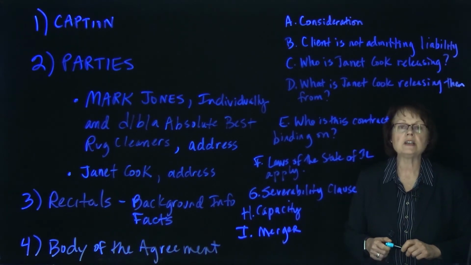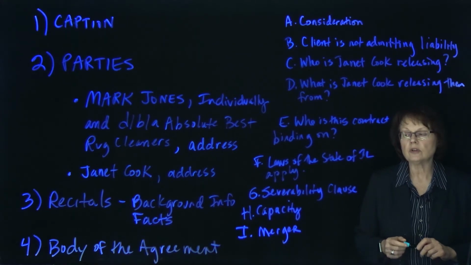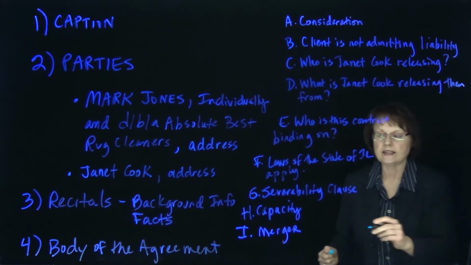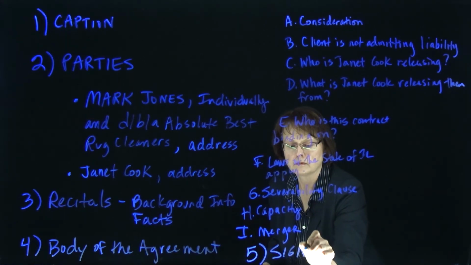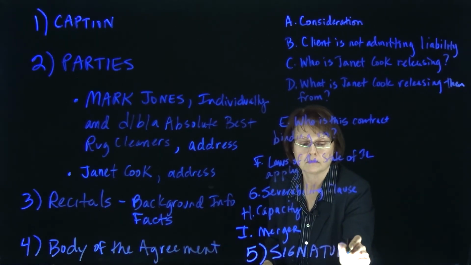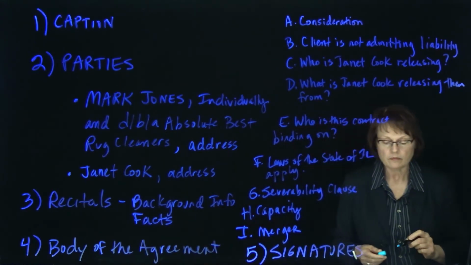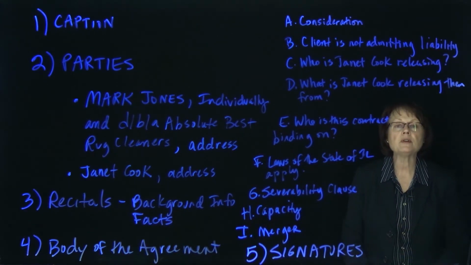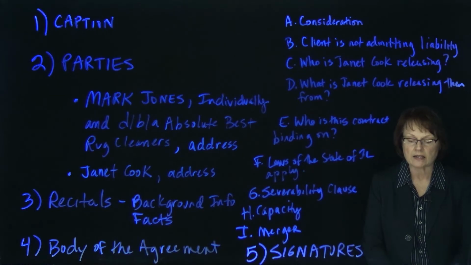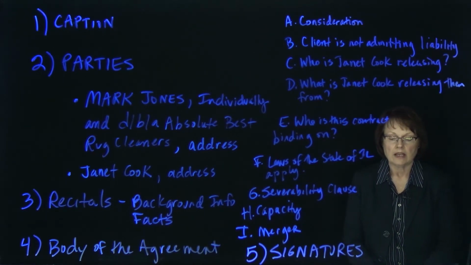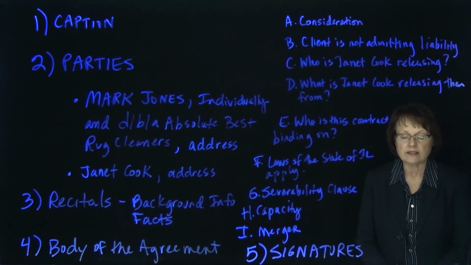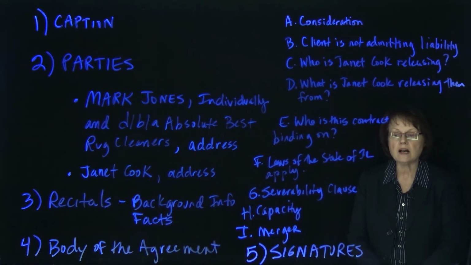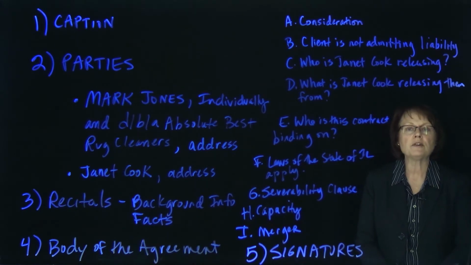The last section that you are going to include in your release would be the signature section. So remember that no contract is valid without a signature section, because we must have offer and acceptance to have a valid contract.